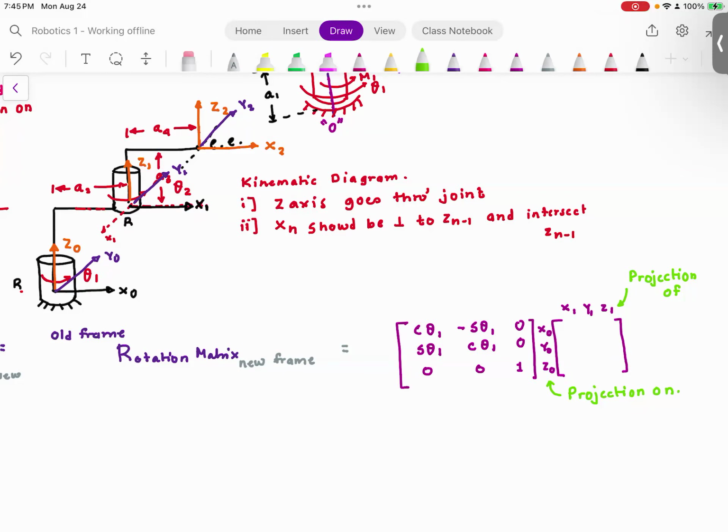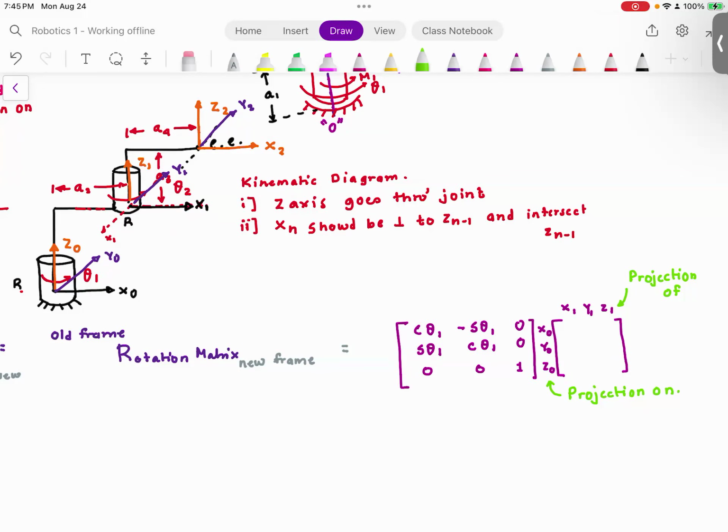Look at x0. X0 is in the horizontal direction, z0 is in the vertical direction, and y0 is perpendicular to z0 and x0. Everyone understood this? Can you see that both these coordinate frames are aligned? They are in the same direction.